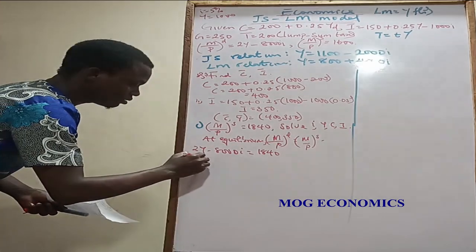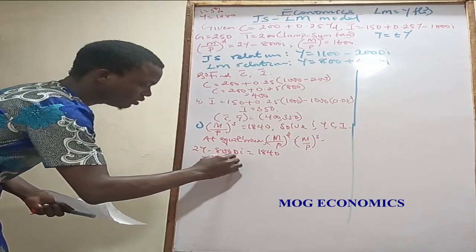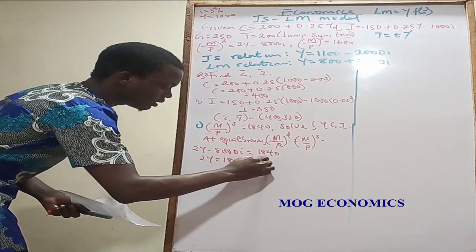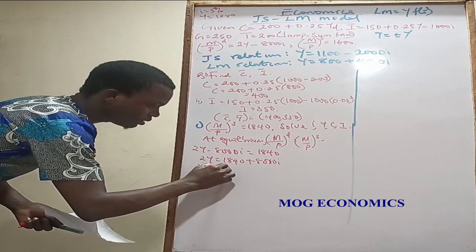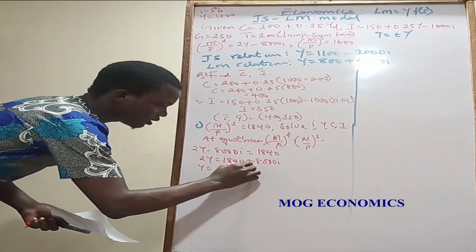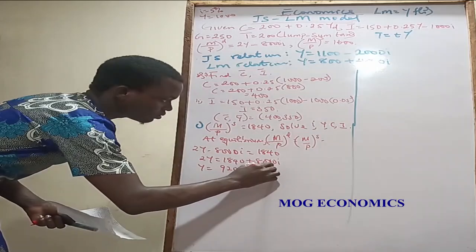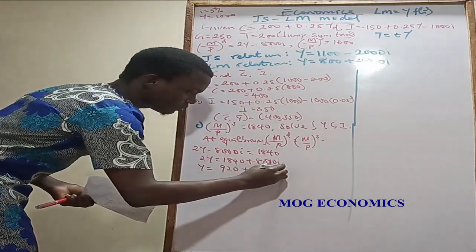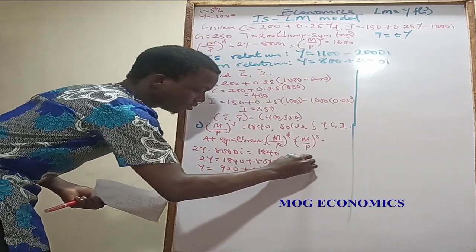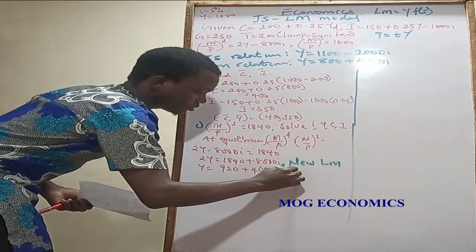So 2Y equals 1,840 plus 8,000 I, and then Y equals 920 plus 4,000 I. So this is going to be our new LM relation.